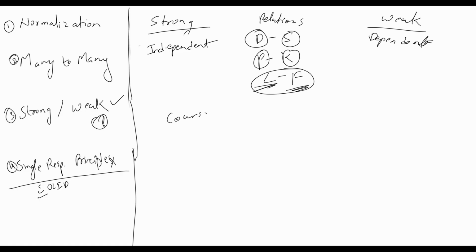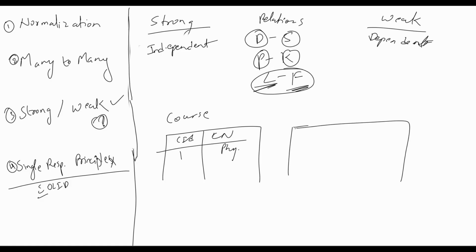Let's say there's a course, and we have the course ID and the course name. There's one course called physics, and in the school there are people who are teaching, right? So we have teachers, and we have the ID of the teachers and the name of the teachers.